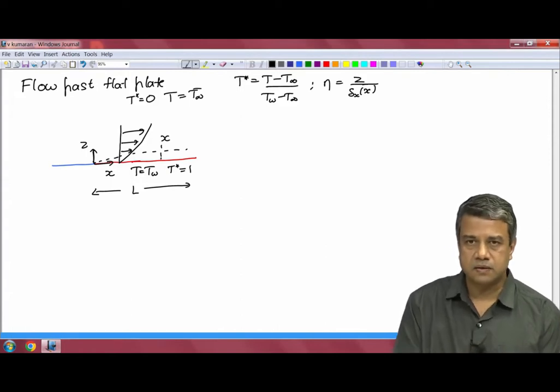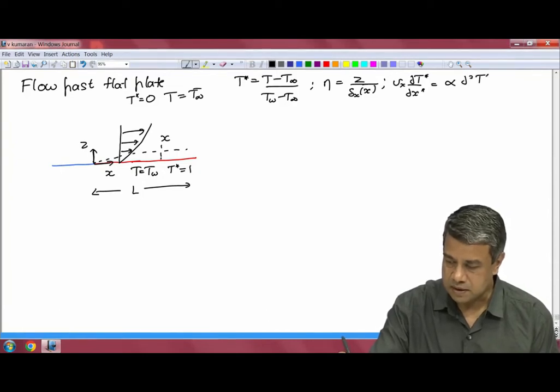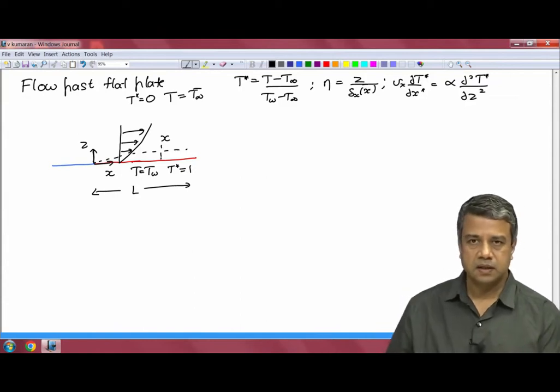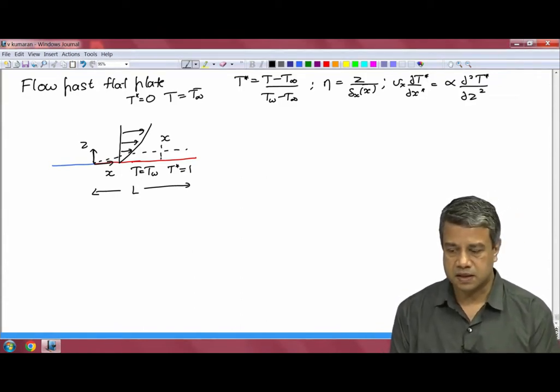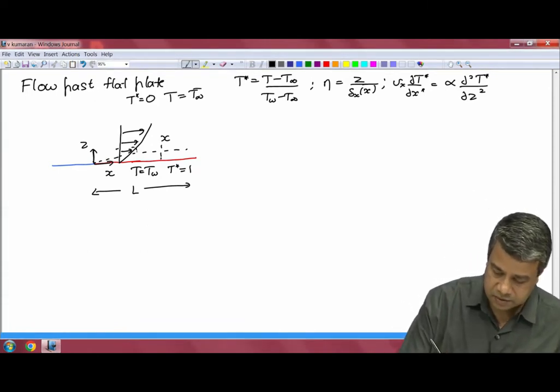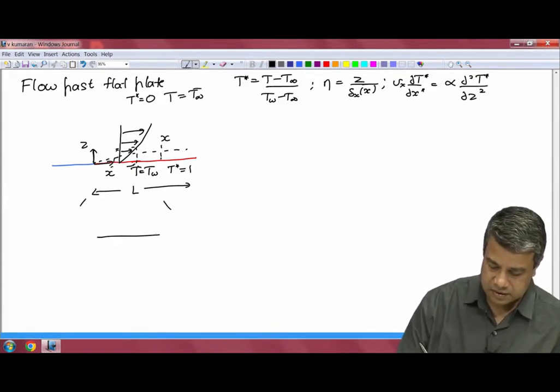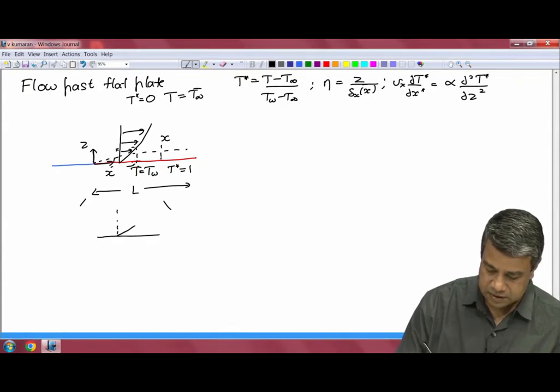And we had substituted these two into the equation Vx partial T by partial x is equal to alpha times partial square T by partial z square. We substituted for x and z in terms of the similarity variable, and for the velocity we had assumed that the velocity close to the surface is actually a linear function of distance from the surface.